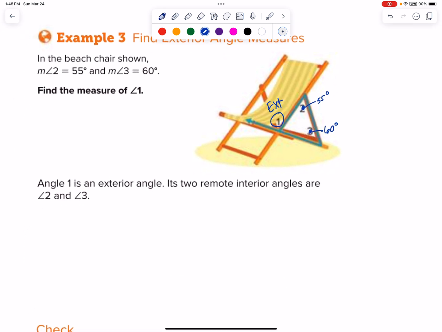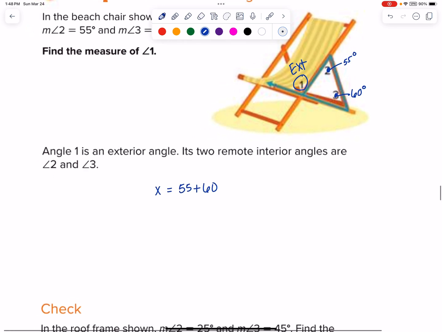Okay, so all we have to do is that exterior, let's call it x, equals the 55 plus the 60. We know that they are equal to each other, those two remote interior. So this is my exterior, and these are my remote interior. And we know they're equal to each other.